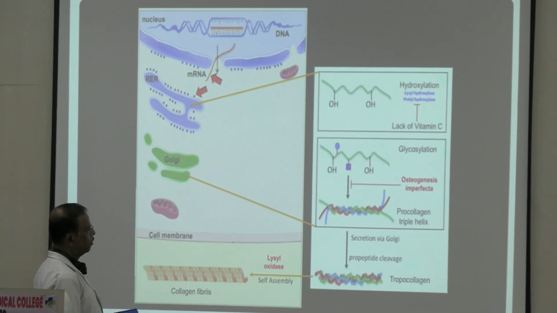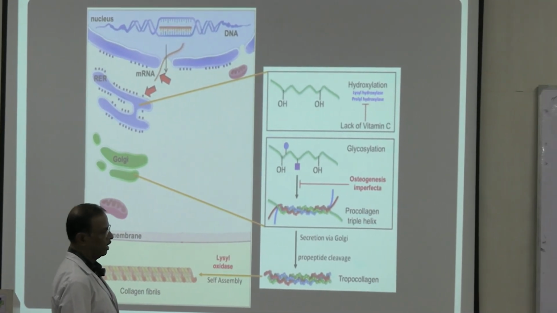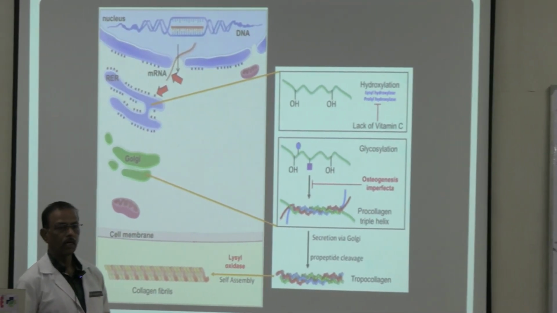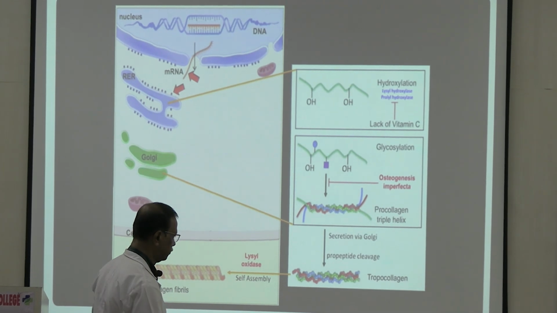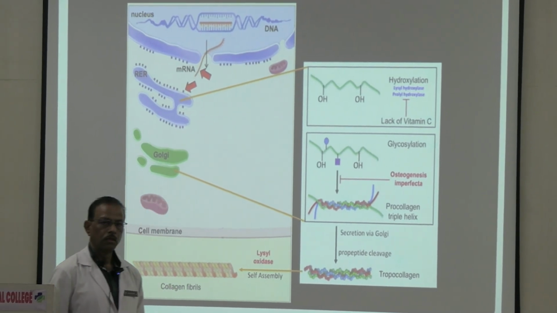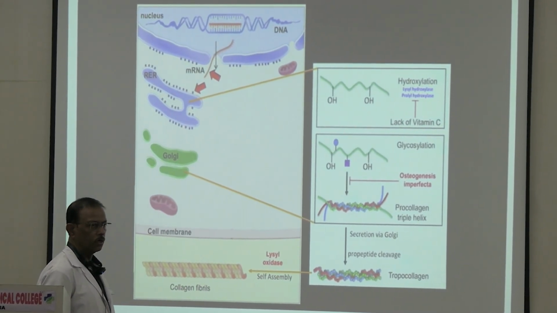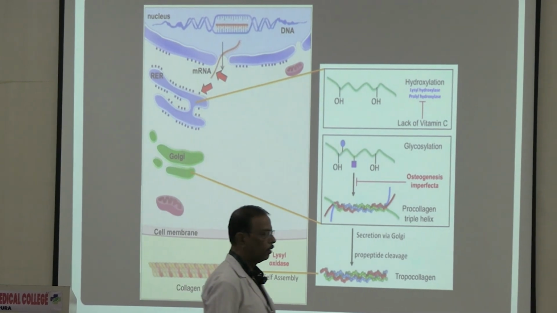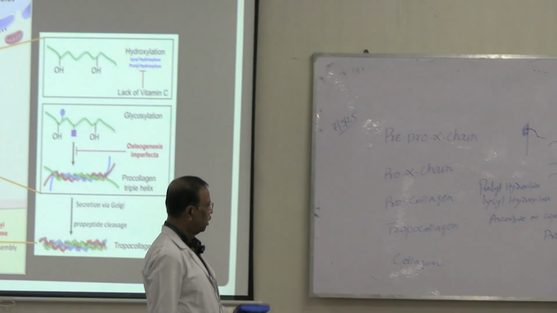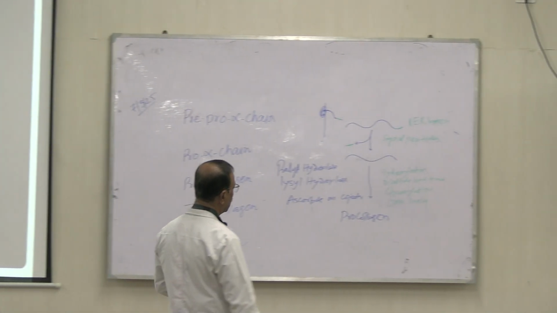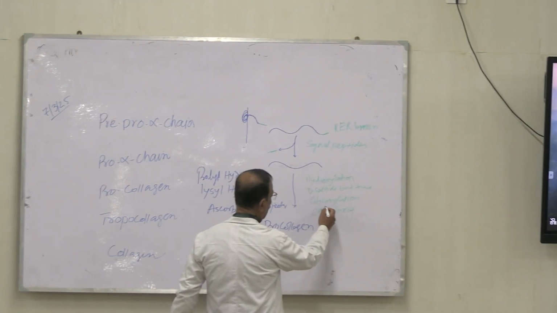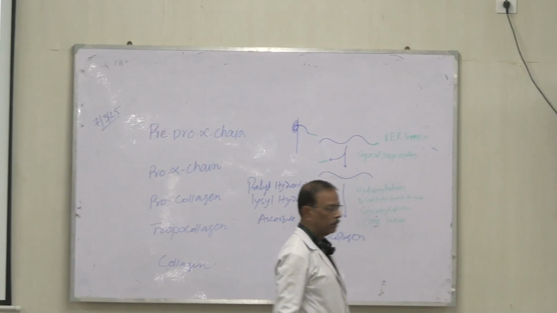So this pro-collagen triple helix passes to the Golgi. They enter through the cis Golgi, cross through the middle Golgi, and they get glycosylation and cross-linking.